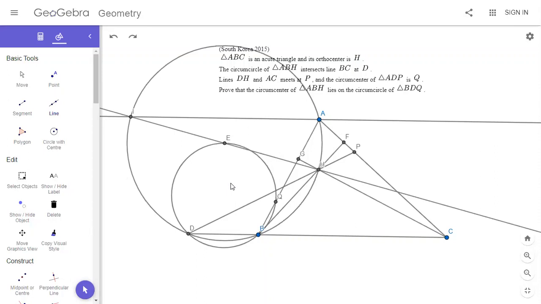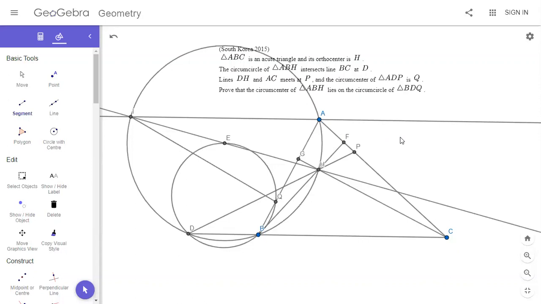IQ looks perpendicular to AB. Yeah, it is by symmetry because, or wait, I think I spoke too soon. Yeah, IQ.